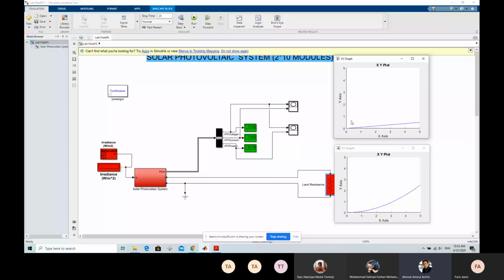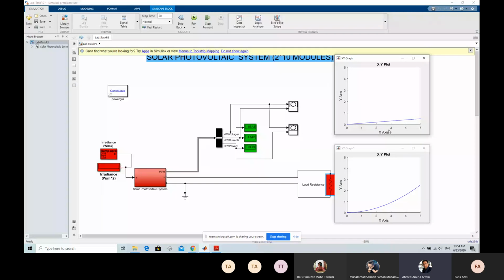Oh, sorry, it's V. So the y-axis will be V, and the x-axis will be I. So once you increase the value of current, the value of voltage increases as well. Yes.